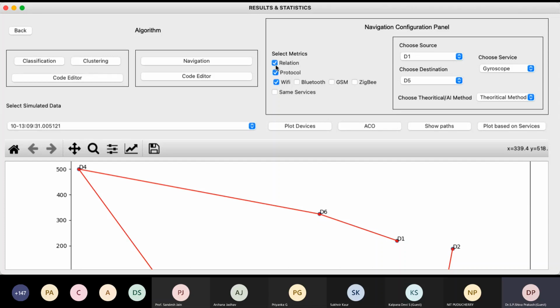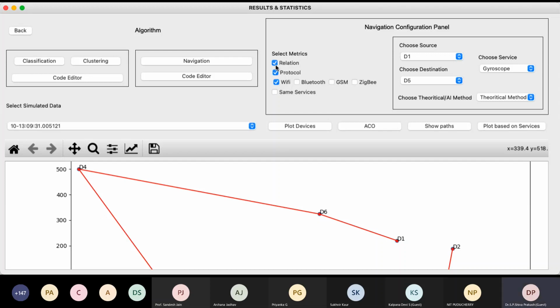We can go with a machine learning model, where we cluster these devices based on the protocols they use, or based on the relationship, or based on the specific services these devices provide, and also private devices, public devices, static devices or mobile devices. Depending on these, we classify them and then apply the routing protocols to those devices.